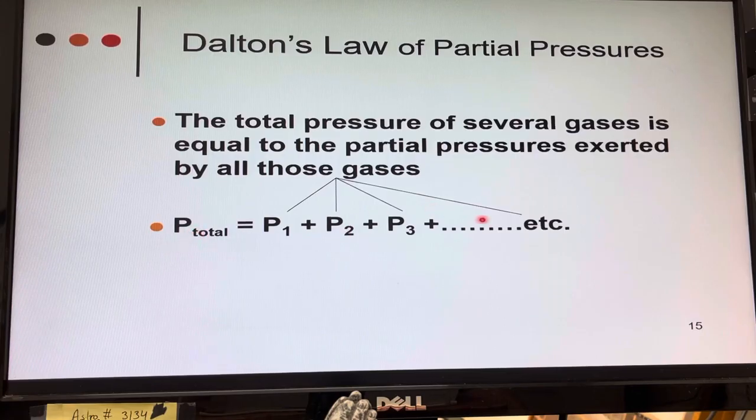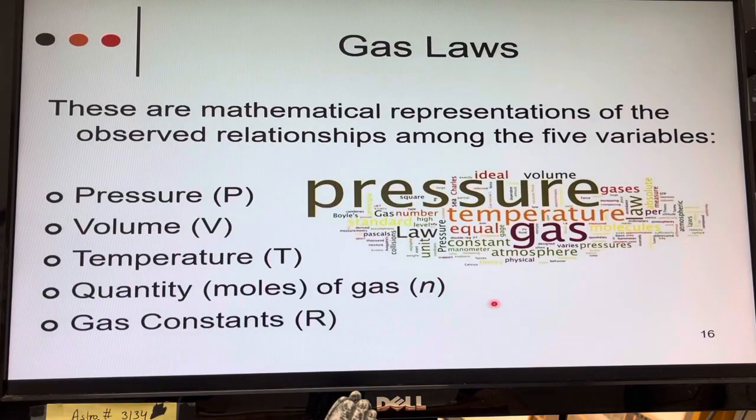It's straightforward. There's not really too much thinking about that. Total pressure equals the pressure of all the gases combined. That's it. That's Dalton's law of partial pressures. There may be a question like this in some of your textbook work coming up, but we're probably not going to focus on that law too much.